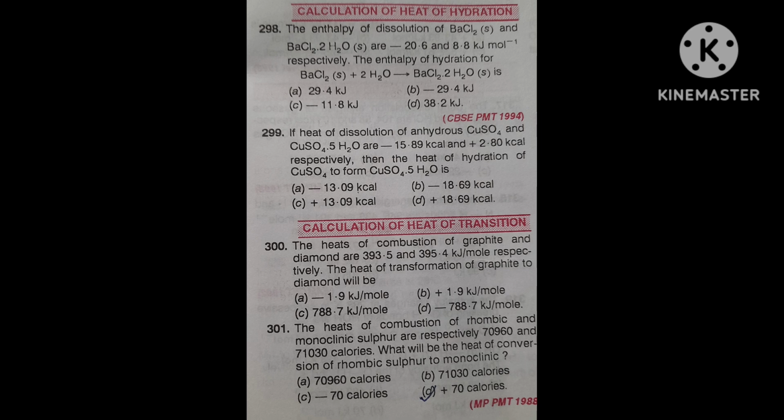Second plus 1.9 kilojoule per mole. Third 78.7 kilojoule per mole. Fourth minus 78.7 kilojoule per mole. Again I am repeating the options: first option minus 1.9 kilojoule per mole, second plus 1.9 kilojoule per mole, third 78.7 kilojoule per mole, fourth minus 78.7 kilojoule per mole.